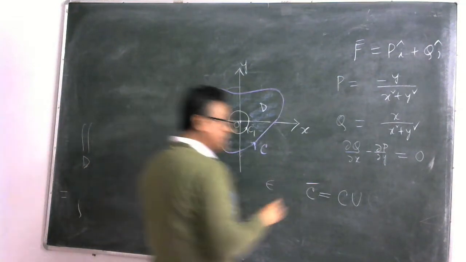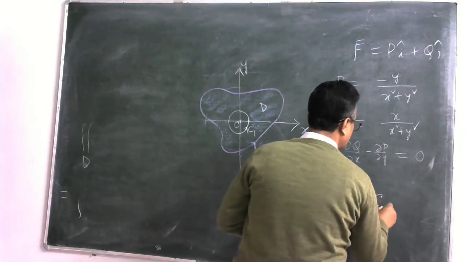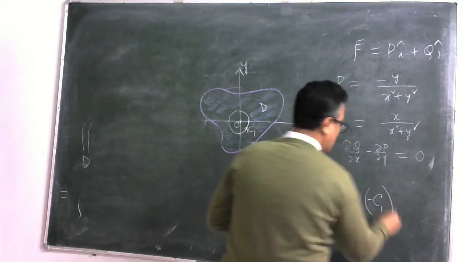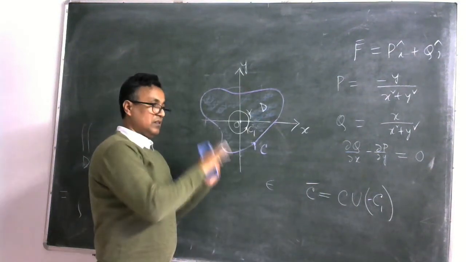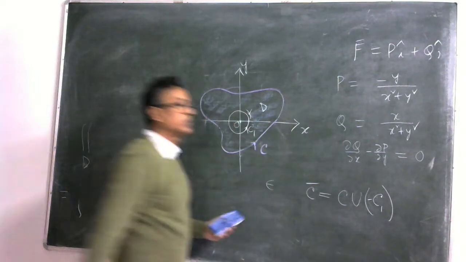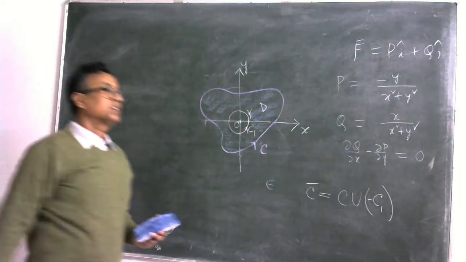So if I choose this to be minus C1 in this direction, then from this union you are definitely going to get the positive orientation of the curve C bar.